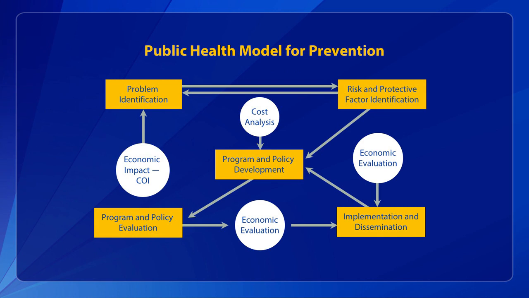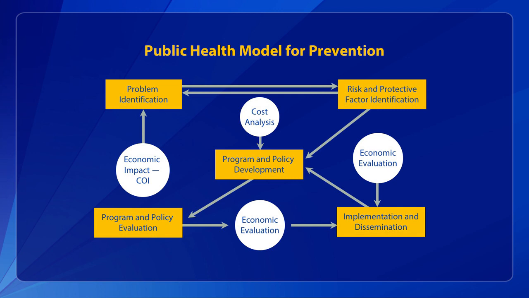To identify problems we hope to address, we use surveillance to determine the burden of a disease. Surveillance takes into account incidence, prevalence, and mortality rate. Regarding the economic burden, surveillance provides information on the medical costs and losses in productivity associated with a disease.